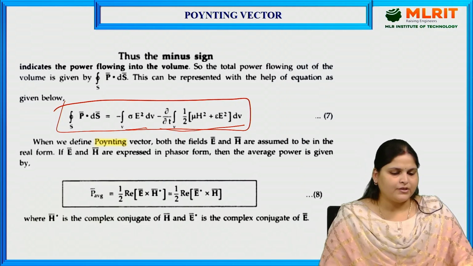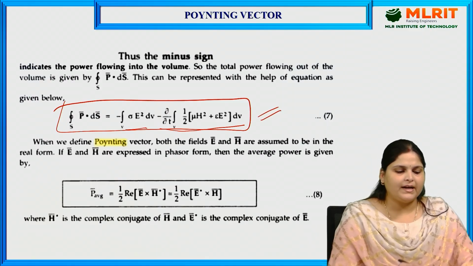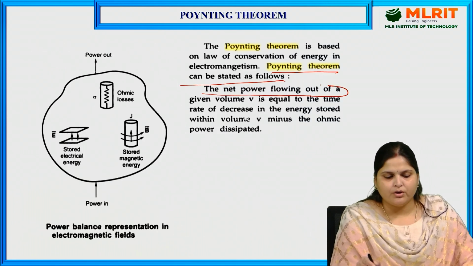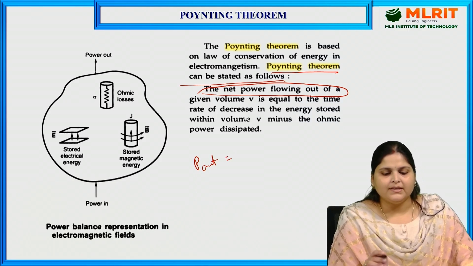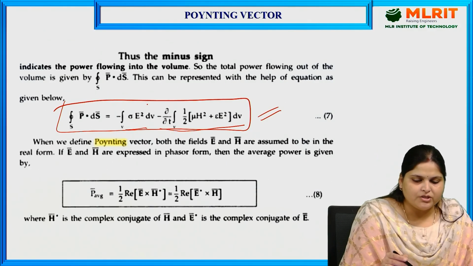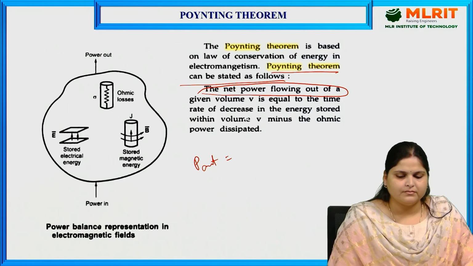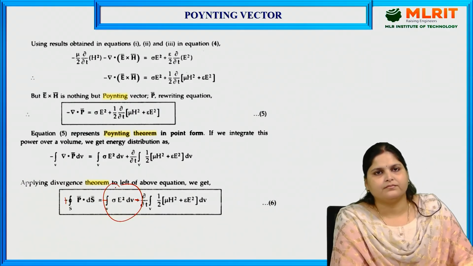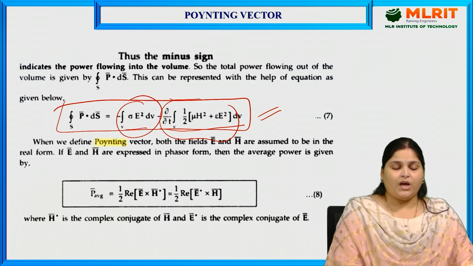So it is showing the statement we wrote earlier; let's go through that statement again. The net power flowing out of the volume, P out, is equal to the time rate of decrease of energy stored minus the ohmic power dissipated, right? I hope this is clear, right?